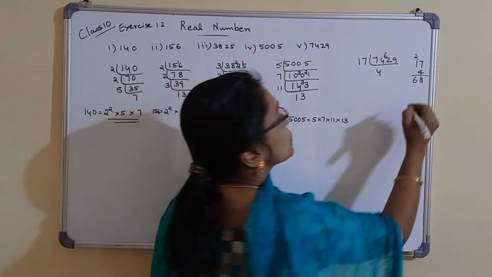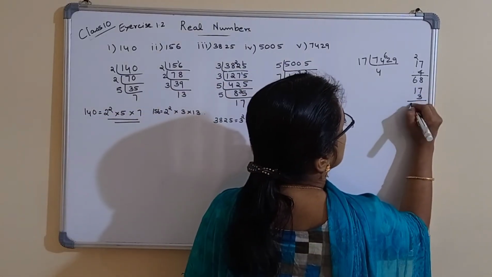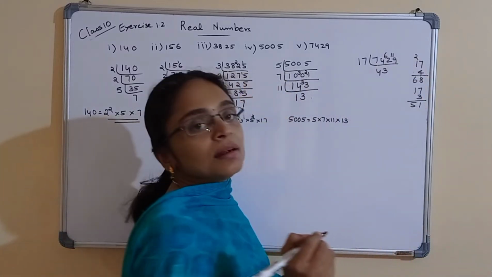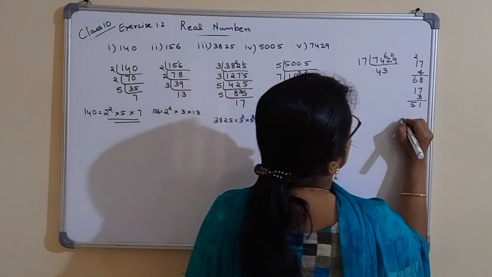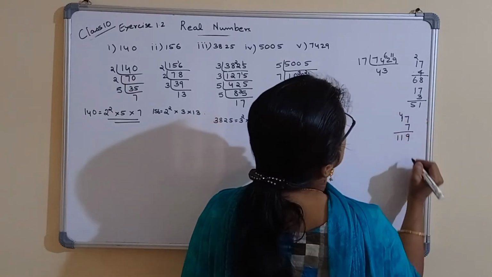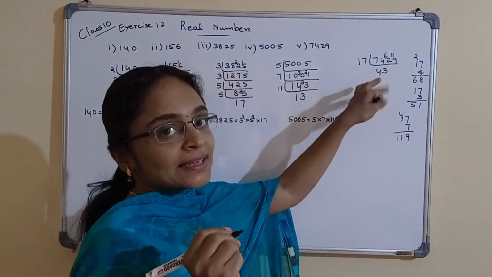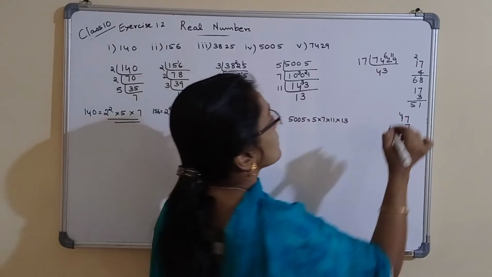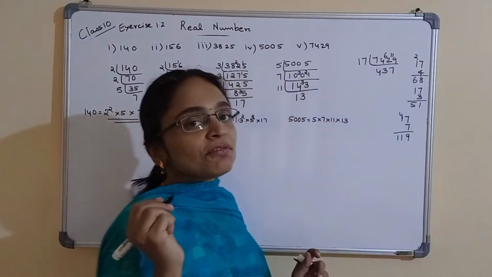Then 17 into 3 is 51. Then 11 remainder. 109 divided by 17. 17 into 7 is 119. So 17 is a factor.